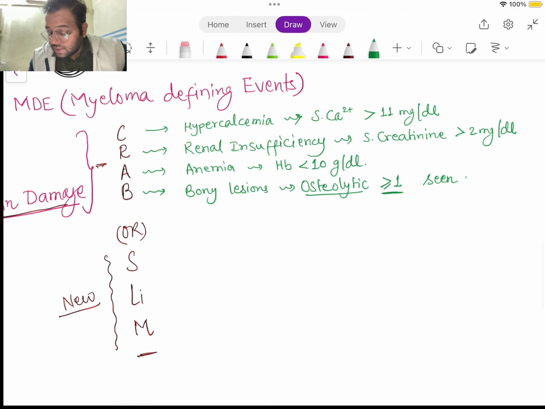You can see them on X-ray, CT, PET CT, anything. So this is the CRAB. If any one of these, C, R, A, or B, is present, it shows end organ damage, which is a criteria for a myeloma defining event.